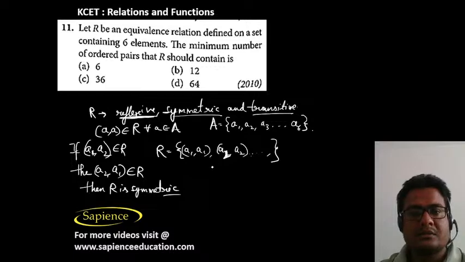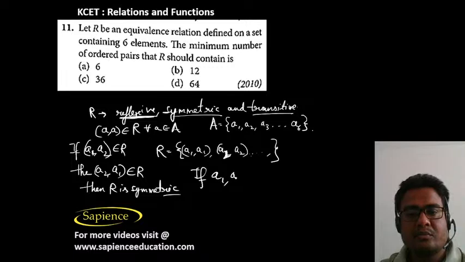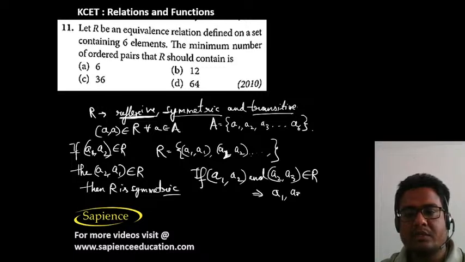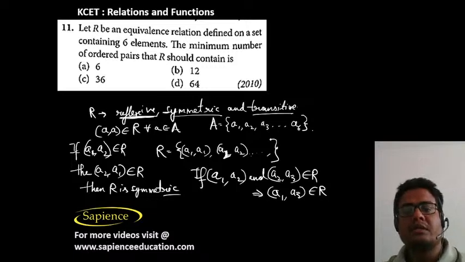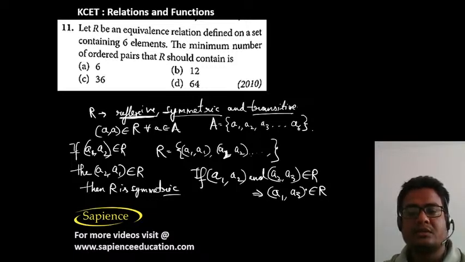And transitive, it means that if (A1, A2) and (A2, A3) belong to the relation R, then it implies that (A1, A3) also should belong to the relation R. But since (A1, A2) and (A2, A3) are not there, it is not necessary that (A1, A3) should belong to the relation R. So it will be called transitive also.